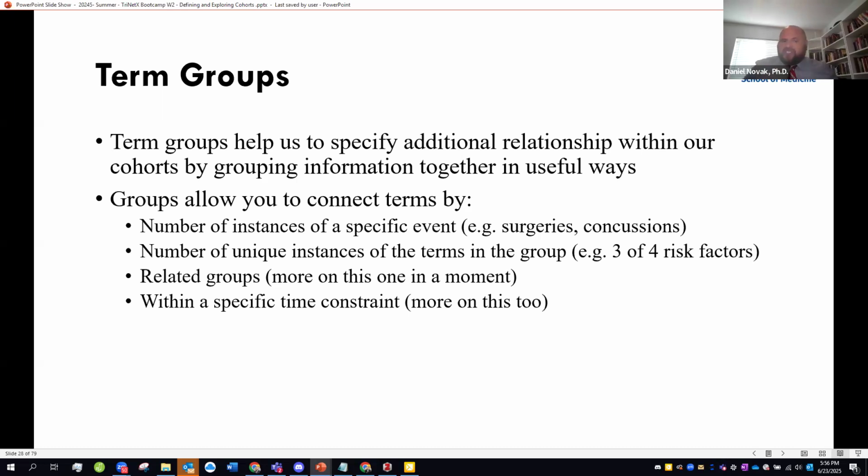The related group function is probably the most important and one that I really think everybody needs to learn well so that they can understand how to orient relationships in the system in time. And you can also specify within a time constraint. This was very valuable for a group of students who looked at rates of abortion and abortion care services, both medical and medication driven and also surgical, post Dobbs.